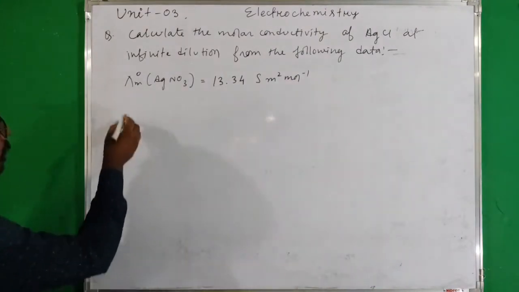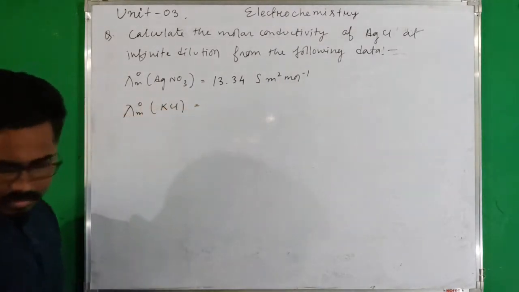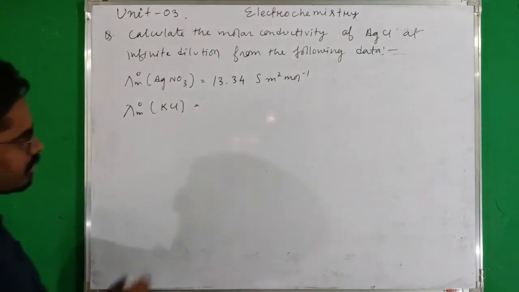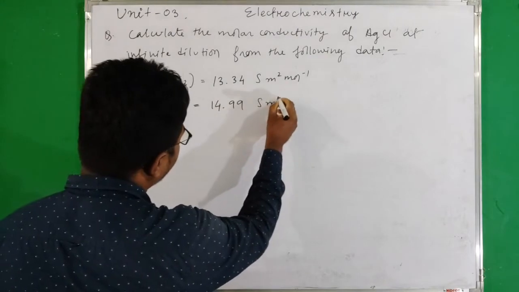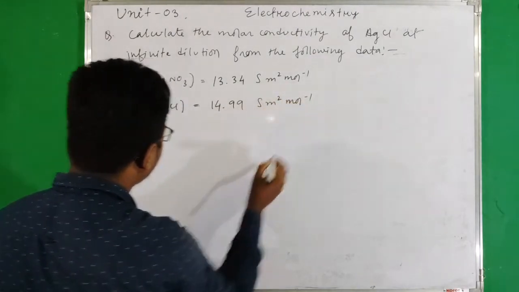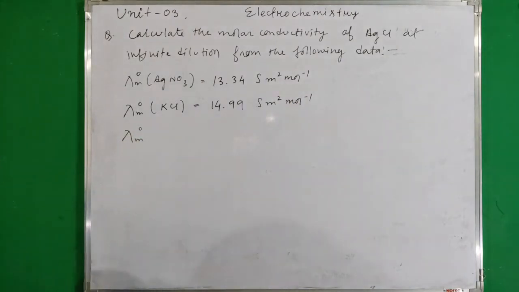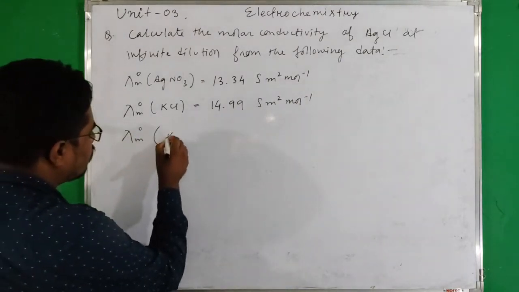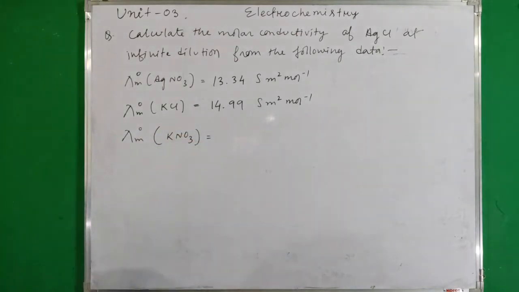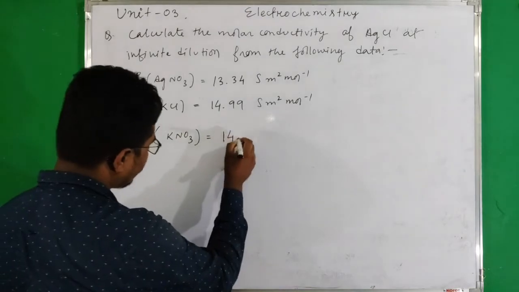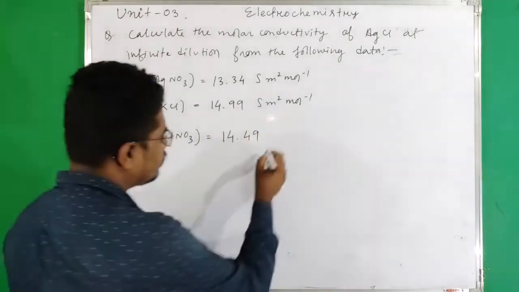And then the lambda m naught for KCl is given as 14.99 Siemens meter square per mole. Okay, and then the lambda m naught for potassium nitrate KNO3 is given as 14.49 Siemens meter square per mole.